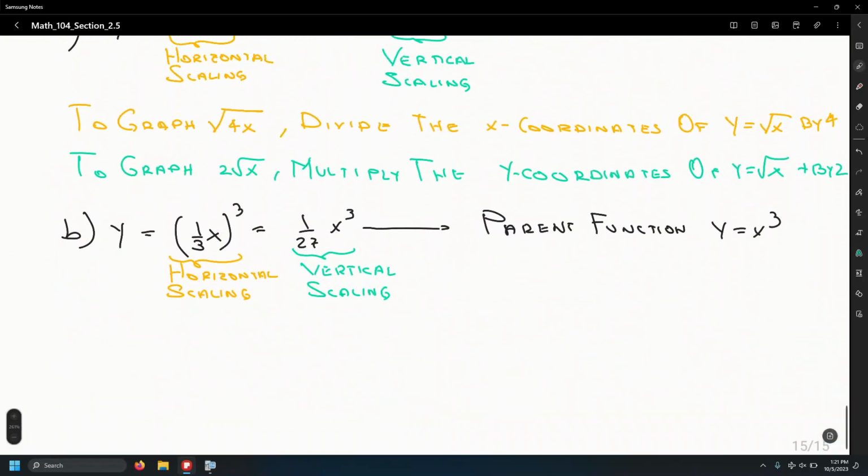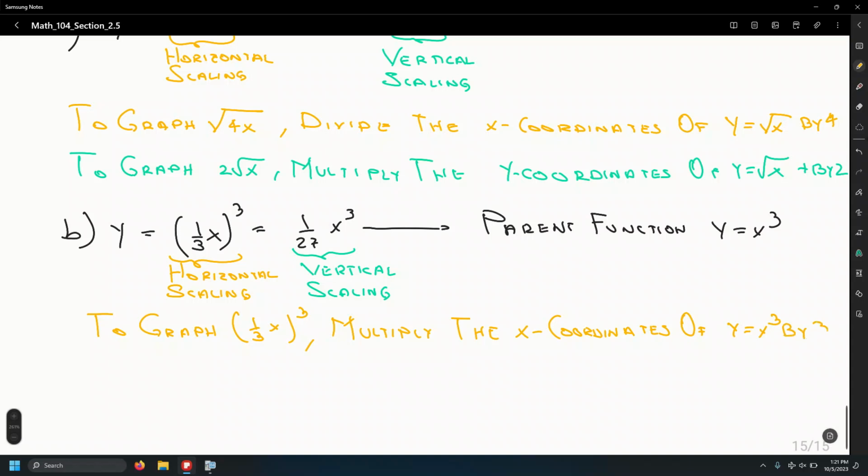So to graph one third x cubed, multiply the x coordinates of y equals x cubed by 3. All right, that's one way if we see it as a horizontal scaling.